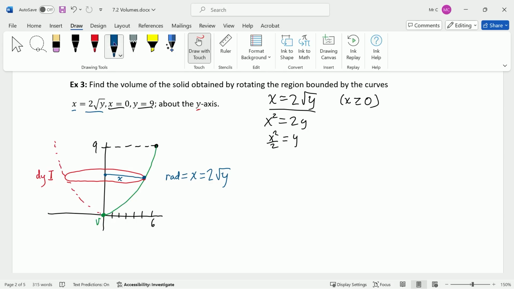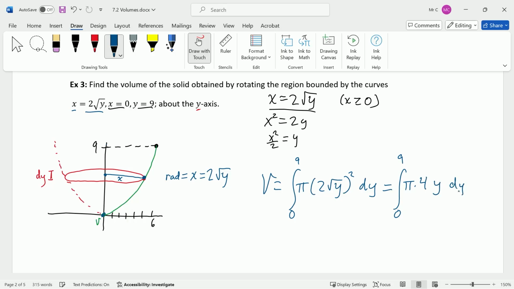Okay, so with that in mind, we can now set up our volume and say, hey, our y values go from 0 to 9. So that's my bounds for my integral. And I get pi times my radius squared, and integrate with respect to y. Okay, I square 2 times the square root of y, I get 4 times y dy.